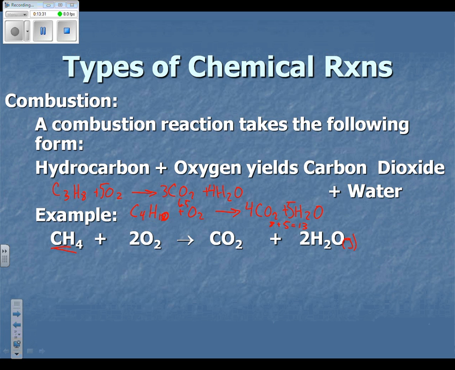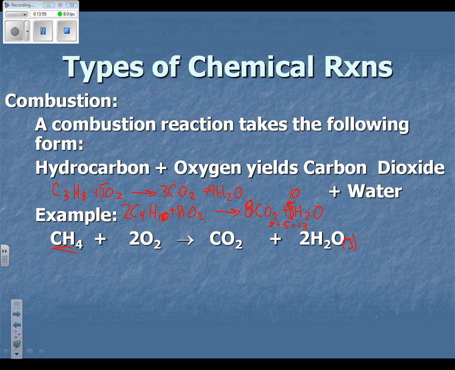So when that happens, our strategy, because we can't keep that decimal around, is to multiply everything, all the coefficients, by 2. So it would be 2C4H10, and then here would be 13 oxygens, and here would be 8 carbons, and over here it would be 10 waters. And if you look at that, it comes out balanced every single time, so that's a handy strategy.